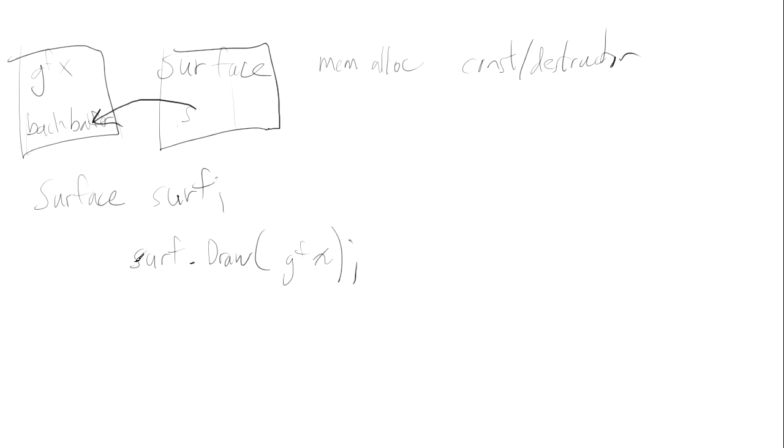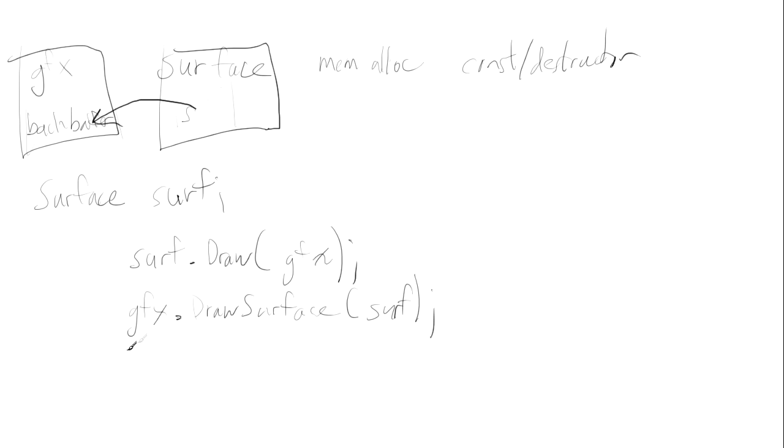This is one kind of syntax we could think of. We pass the graphics object to a draw member that's part of the surface class, and then it draws. We could also do something like graphics.draw, and then we pass it surf. Why do I keep writing it surf? It's surf.